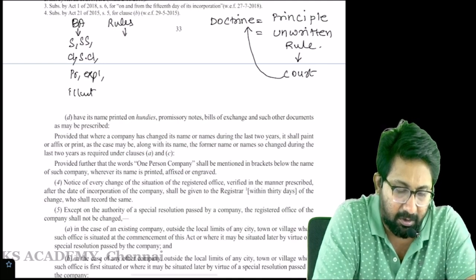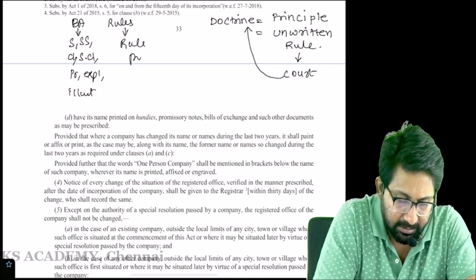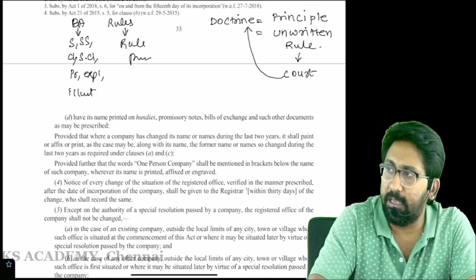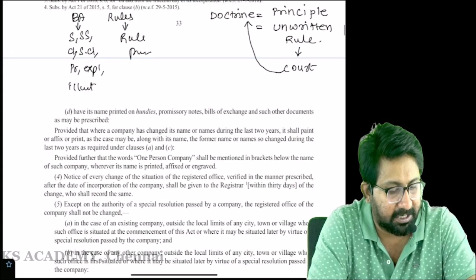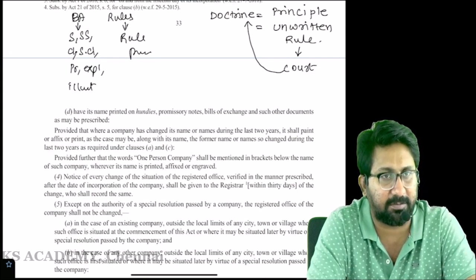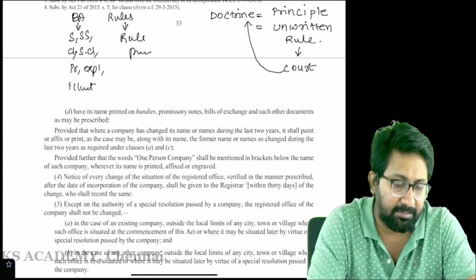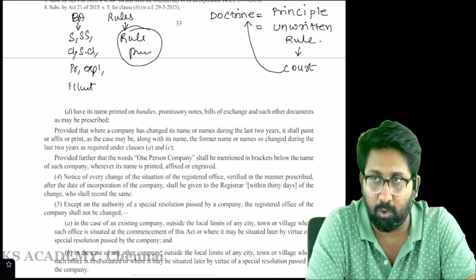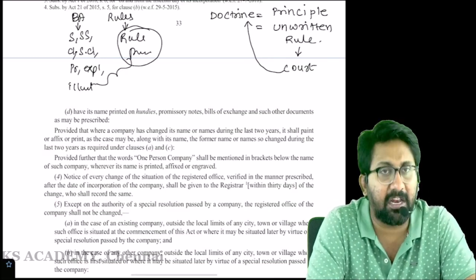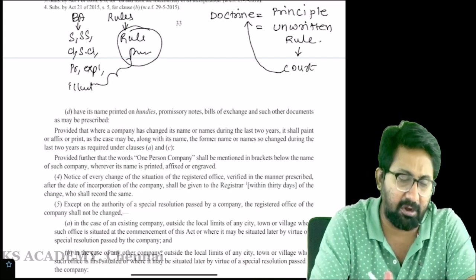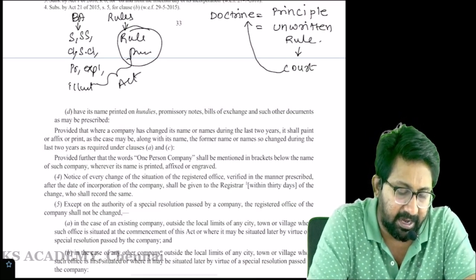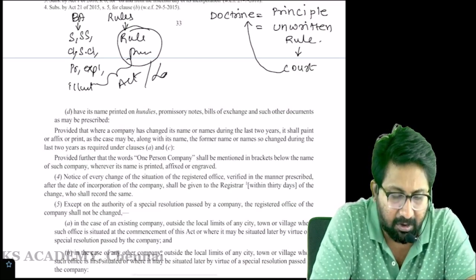Rules will contain only the rule provisions. If something is contained in the form of a section, subsection, clause, subclause, proviso, explanation, illustration, or in the form of a rule, we generally call this the contents of the act. That means it will not be a separate provision. This will be treated as an act, or simply we will call it law.